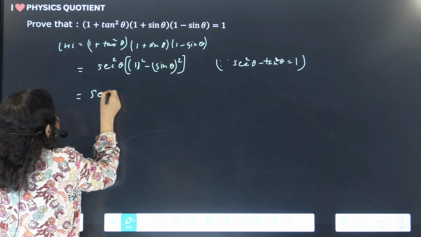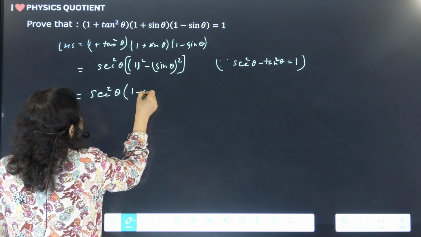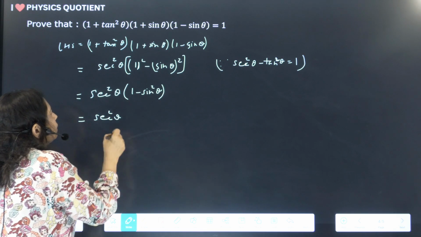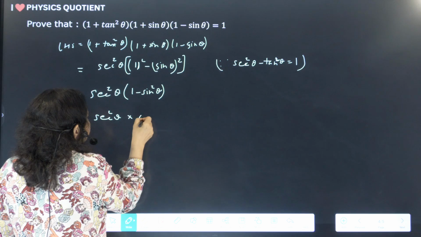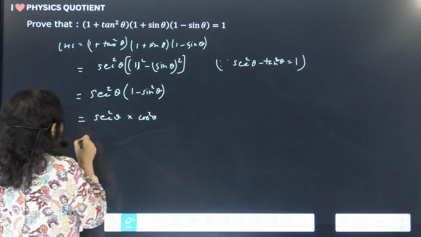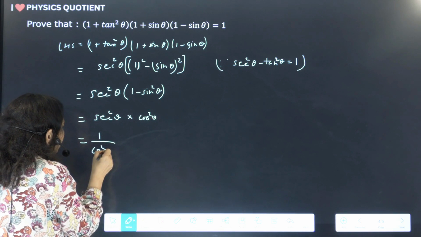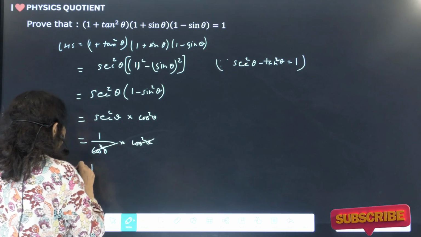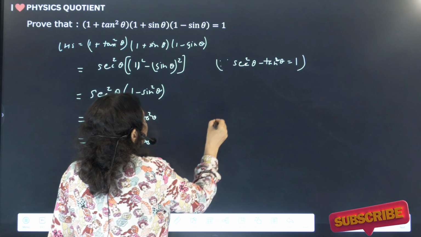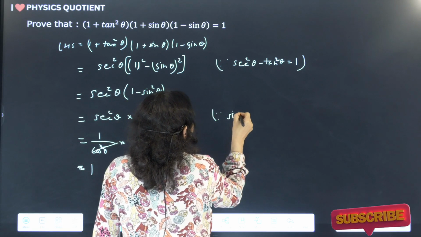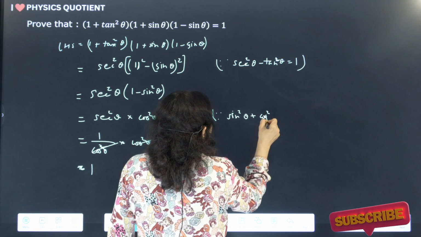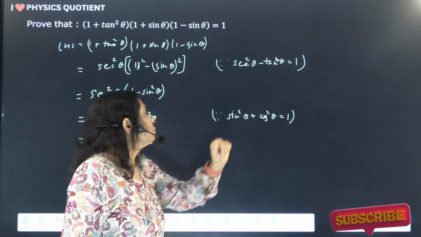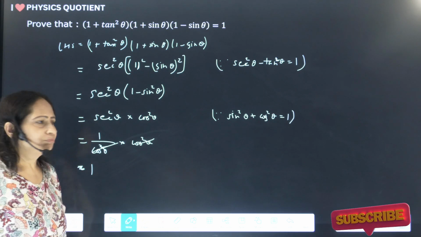So this will be sec square theta into 1 minus sin square theta, and that is again sec square theta into cos square theta, that is 1 upon cos square theta into cos square theta equal to 1, cos square will be cancelled. Here also we have to mention another identity, that is sin square theta plus cos square theta equal to 1. So 1 minus sin square theta equal to cos square theta, this one, right?